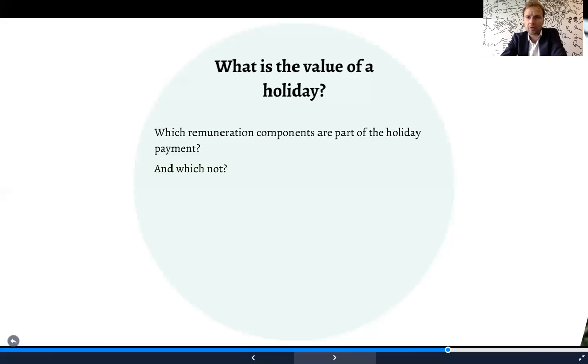Those components are not considered by Dutch courts to be part of the value of a vacation day. There's a lot of discussion if the same goes for the employer's part of the pension contribution.